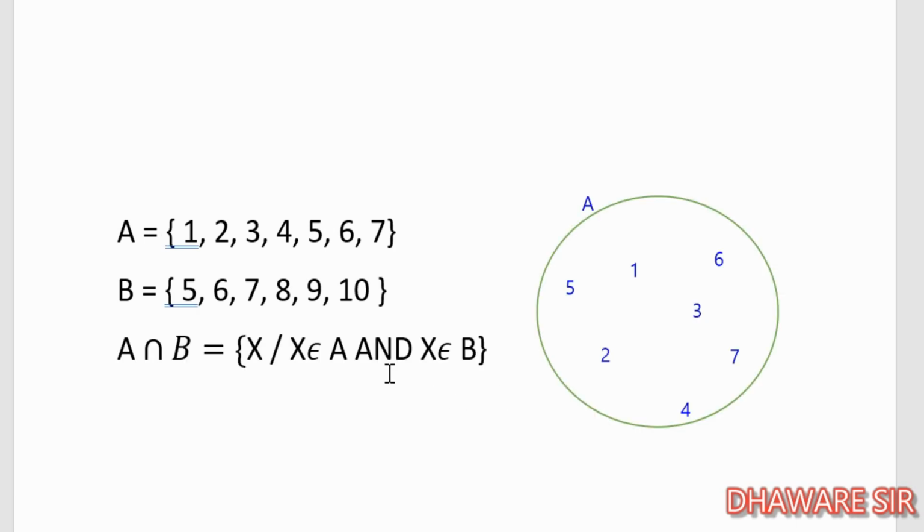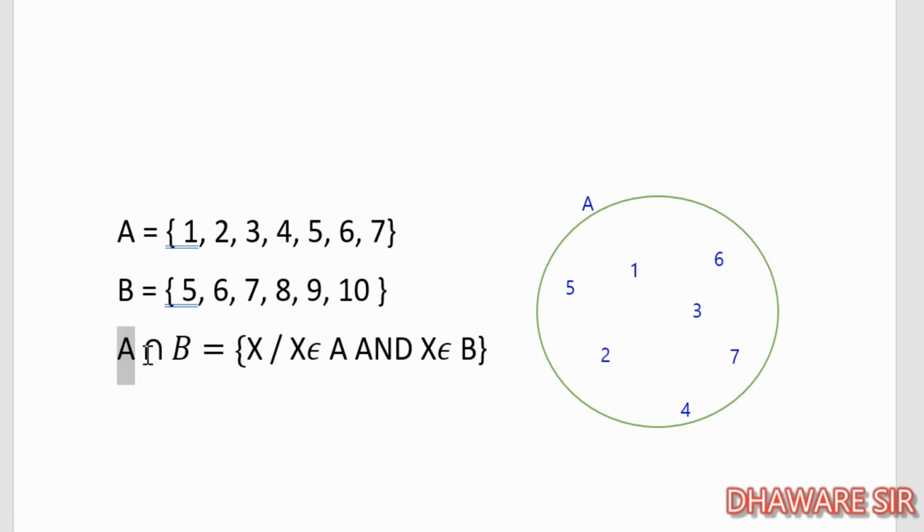Then we write the set B. B is equal to, in curly brackets, 5, 6, 7, 8, 9, 10. So this is our set B.